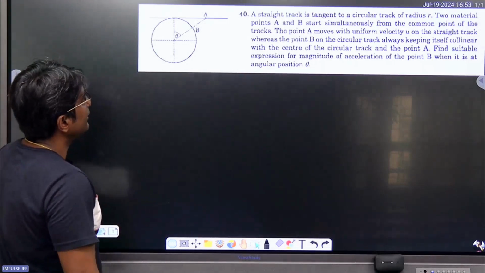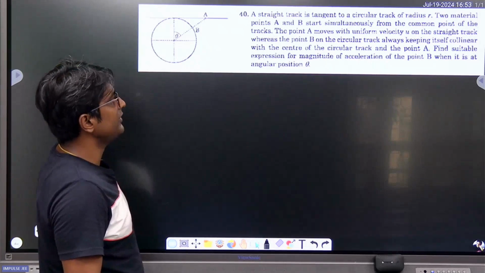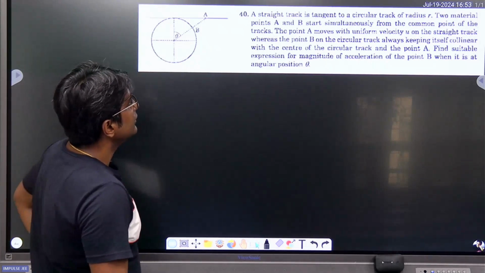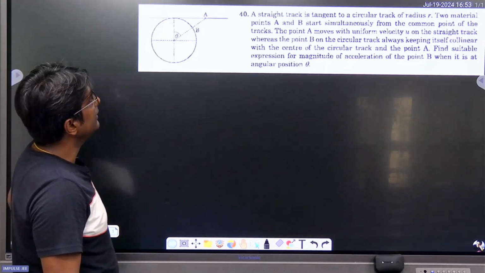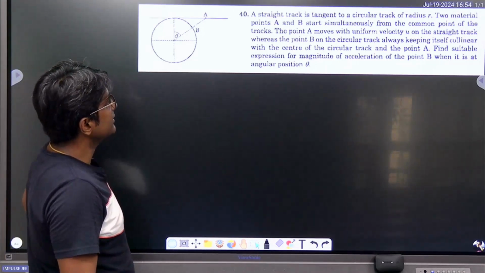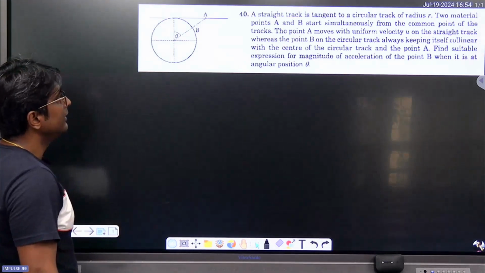It's given that a straight track is tangent to a circular track of radius r. Two material points A and B start simultaneously from the common point of the tracks.